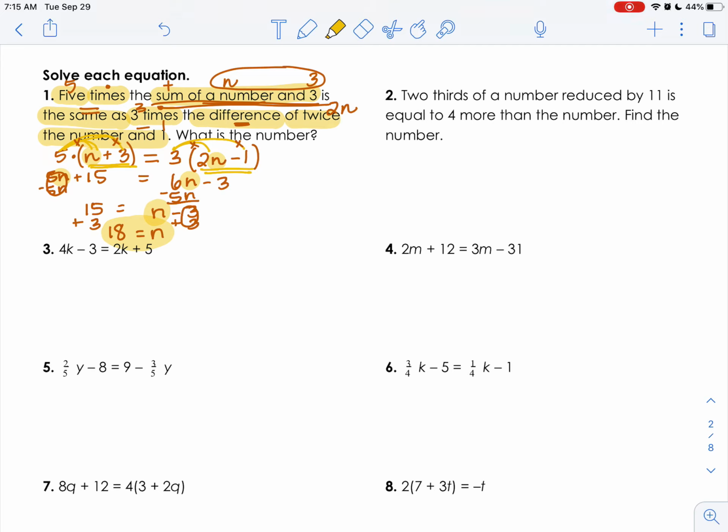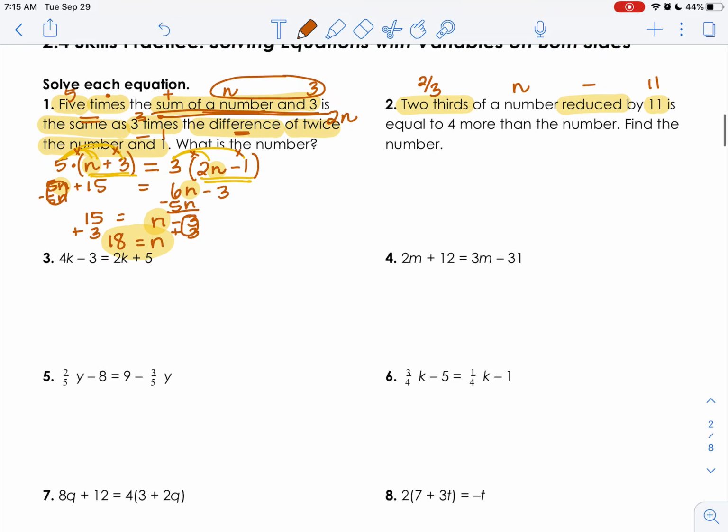You're going to try number 2, which says 2/3 of a number reduced by 11 is equal to 4 more than the number. Find the number. All right, in this one we have 2/3 of a number reduced by 11. What that means is we're multiplying a number by 2/3, our number, reducing it by 11.